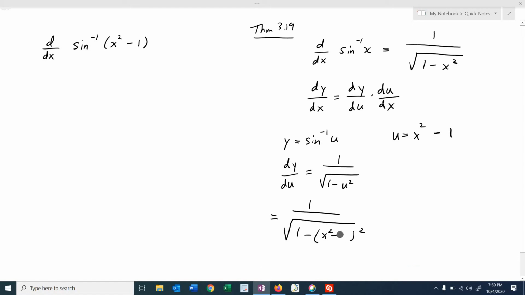Let's go ahead and FOIL out this x squared minus 1 squared. You get x to the fourth minus x squared, and another minus x squared, so that's minus 2x squared, and then plus 1.